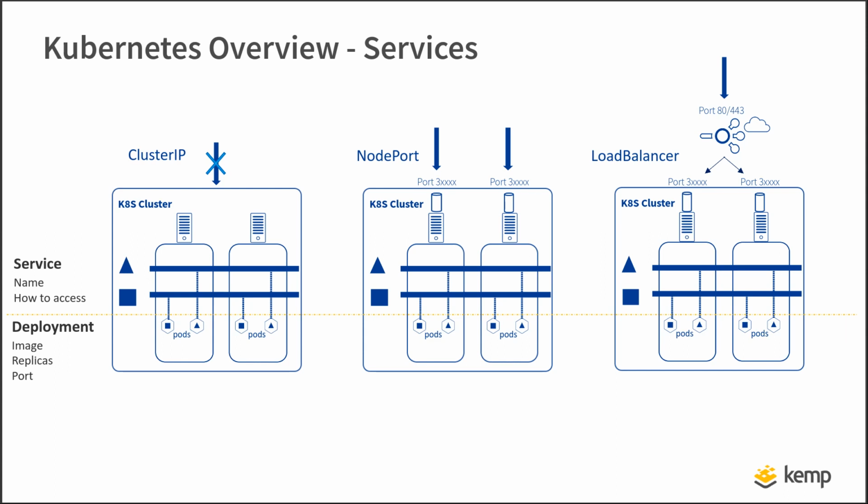Funnily enough, like the node port concept, what we've even seen is, before we had Ingress controller functionalities, customers deploying Kubernetes using node port and putting a Kemp load balancer in front of it and just adding those ports as real servers.